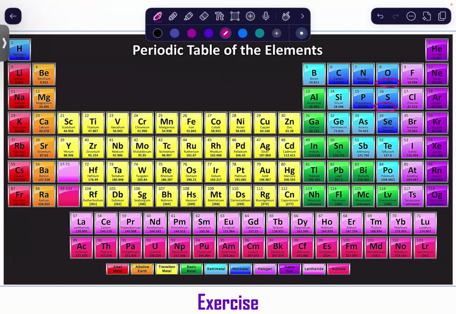And oxygen, now remember we said oxygen instead of 15.999, you can round to 16.00 grams per mole. So that's what we'll use. I put this on here.